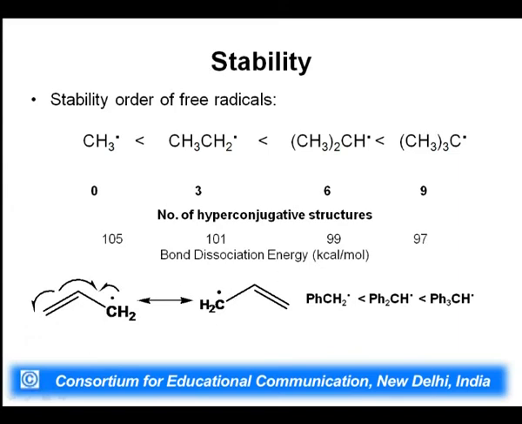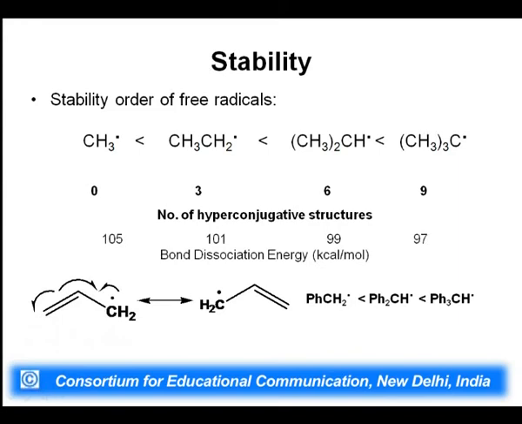Coming back to the resonance, the allyl free radical is much more stable than the alkyl free radicals, and the benzyl radical, PhCH2, is much more stabilized than the allyl radical. Similar to the carbocations and carbanions, as we increase the number of phenyl rings, the triphenyl methyl free radical is the maximum stable.